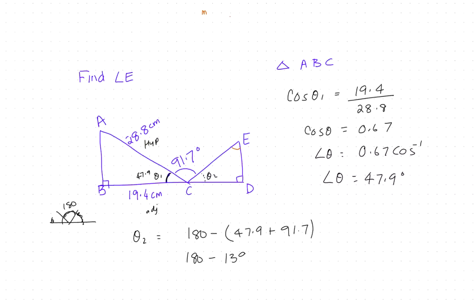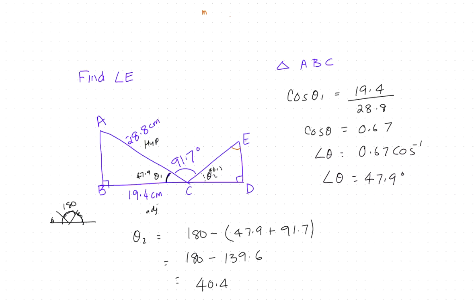And it comes to 180 minus 139.6, which is 40.4. So this angle, theta 2, is 40.4. Now they're asking angle E. So this is 90 degrees. So this and these two angles should come to 90.